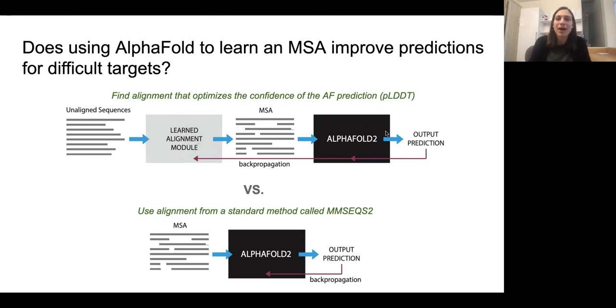So we're going to backpropagate through AlphaFold. We are not retraining AlphaFold, not changing any of the parameters. We're just using the fact that AlphaFold is a differentiable function. And we'll compare that to what happens when you input the multiple sequence alignment produced in ColabFold through MMseqs2, just run it through once and get a prediction.